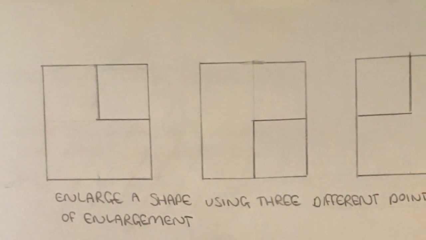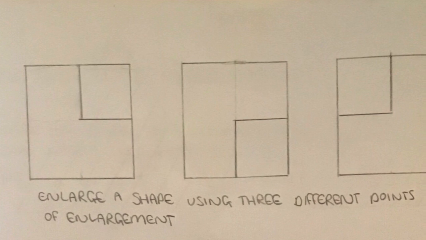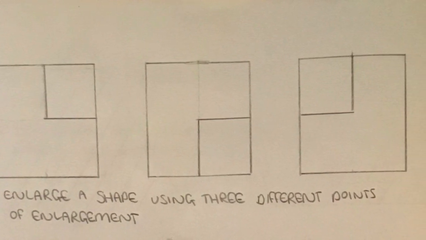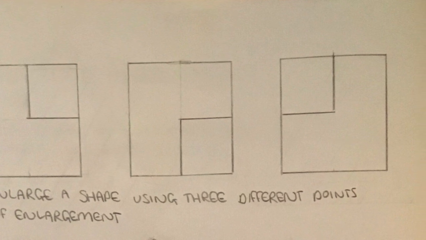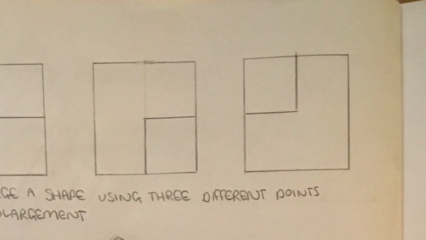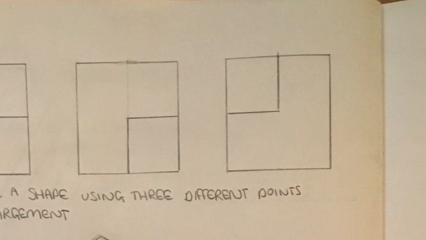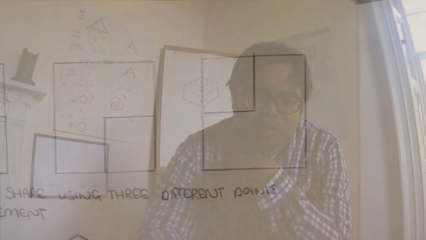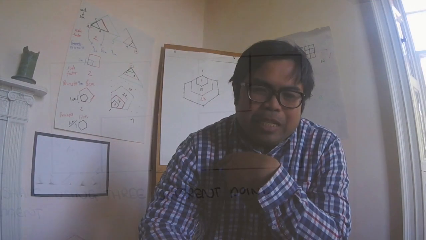Now that is enlarging it from 3 points of view. Well, there's no mention of where the points are, but you could work out where the point of enlargement was in here. So thank you for this example.